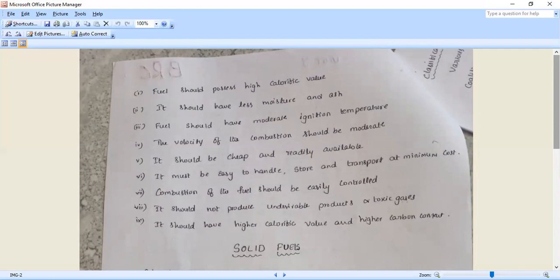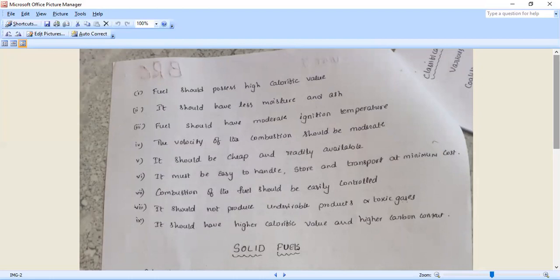So, what is meant by calorific value? Calorific value of a fuel is the total quantity of heat liberated from the combustion of a unit mass of the fuel in air. So that is known as calorific value.